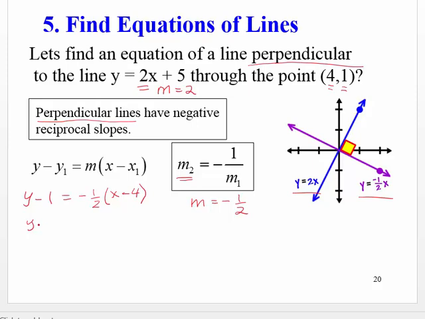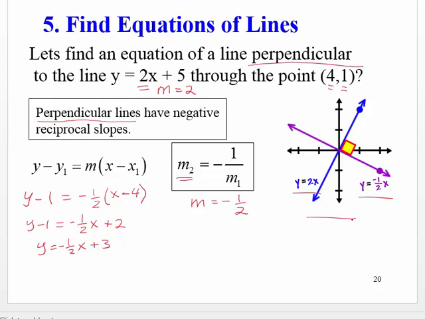So y minus 1 is equal to, we distribute here, minus 1/2 x plus 2, distributing this half to the minus 4. Adding 1, we get y is equal to minus 1/2 x, adding 1, plus 3.